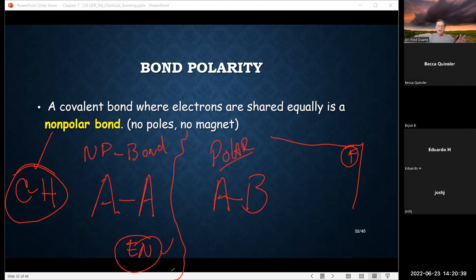If I have an A-A bond, it's less likely to dissolve in water than if I had an A-B type of bond, because an A-B bond would be a lot more polar and therefore share polar properties with a solvent like water. Water is our reference point, oil and water, right? Now the question is, in which direction does this pull go when I'm looking at A and B? And the answer is, it depends on electronegativity and its relative position to fluoride.